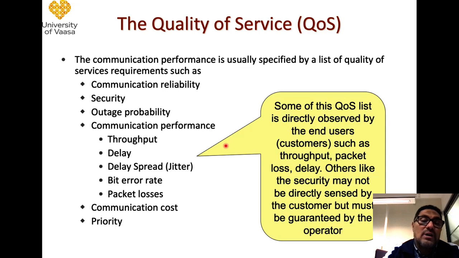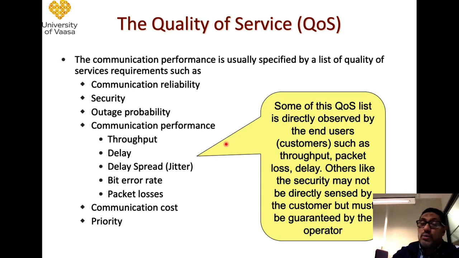Each type of operation or service needs a certain communication quality.